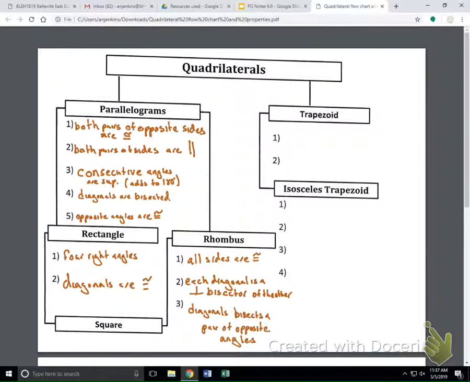And he told us that the median is parallel to the bases. And what goes along with this is that means you have one pair of parallel sides.